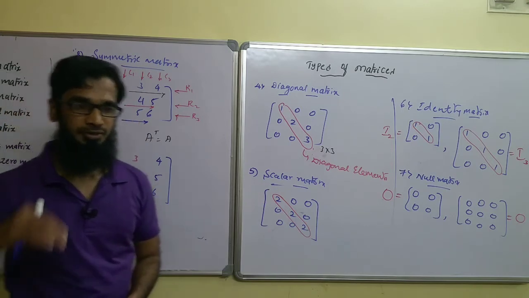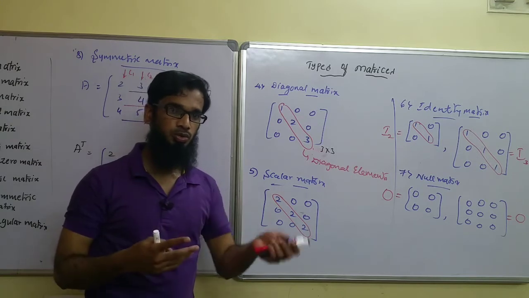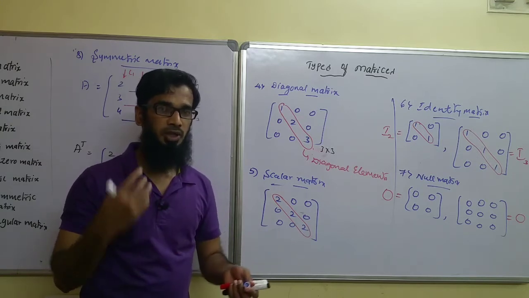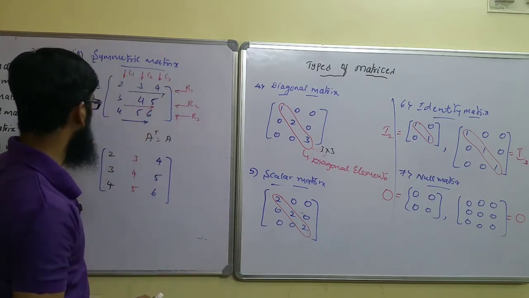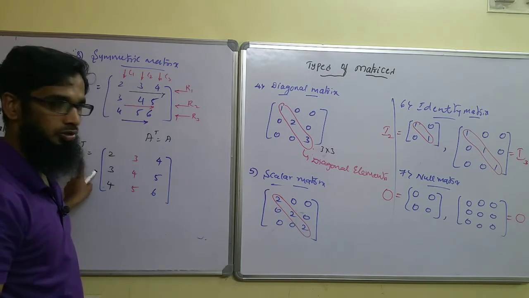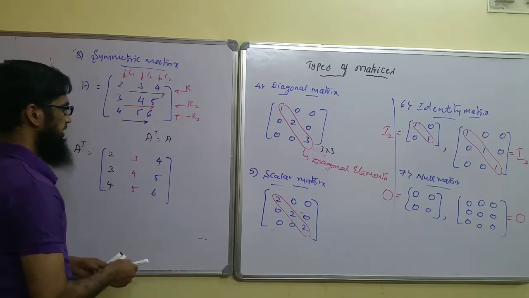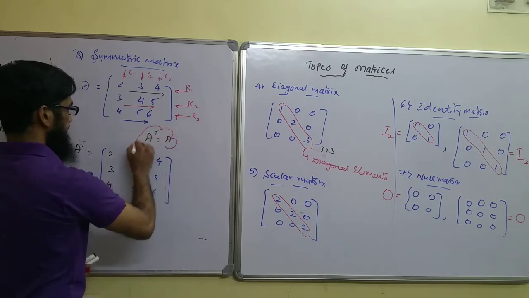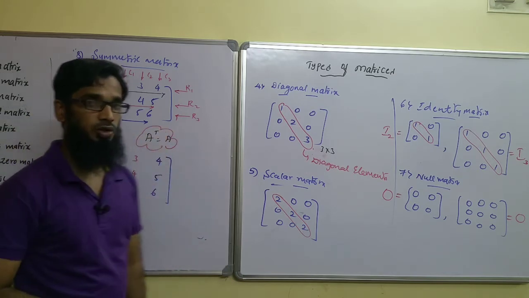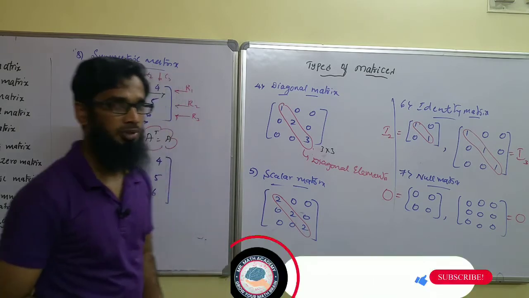It means that after interchanging the rows to columns, I am going to get the same matrix A, that is called the transpose of A. Therefore, if the matrix satisfies this condition, then it is called a symmetric matrix.